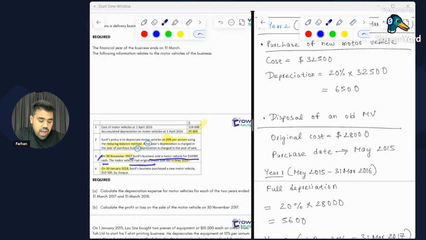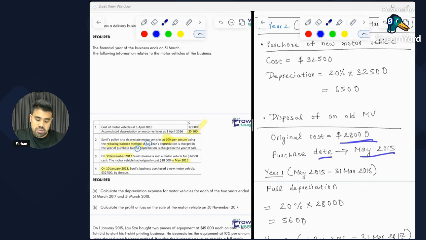The motor vehicle had originally cost $28,000 in May 2015. So we know the original cost is $28,000, the purchase month is May 2015, and we sold this motor vehicle for $40,500 cash, which is the disposal proceeds.